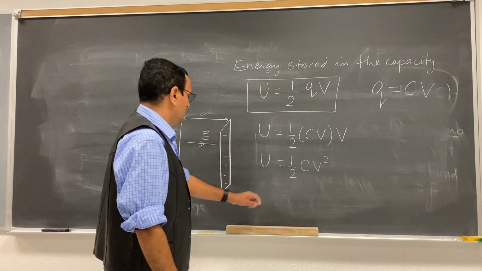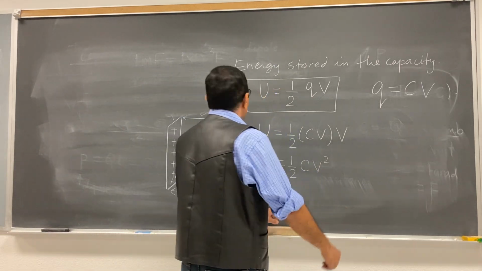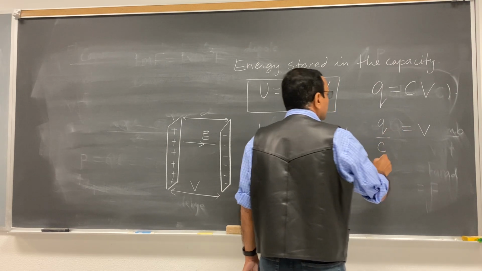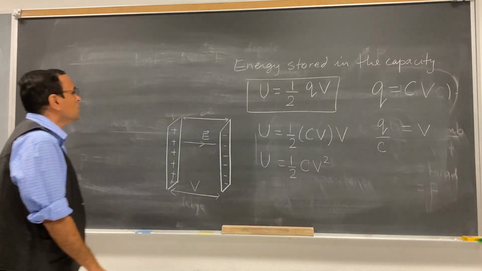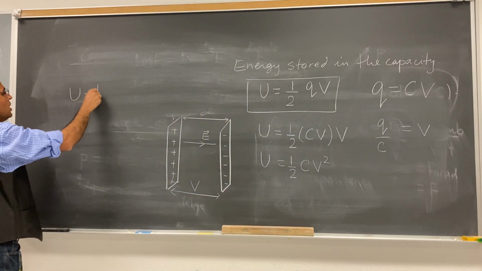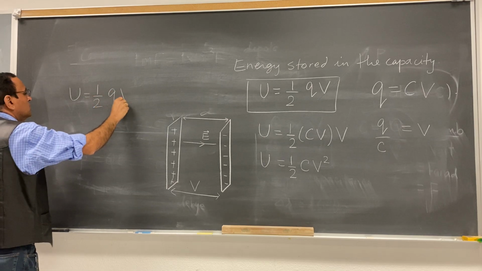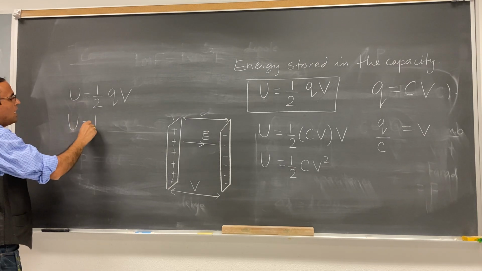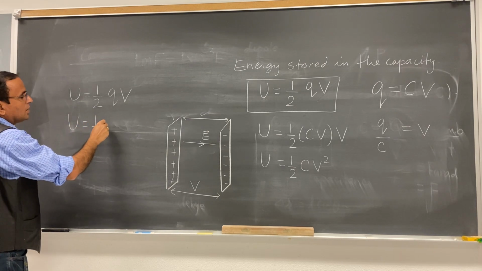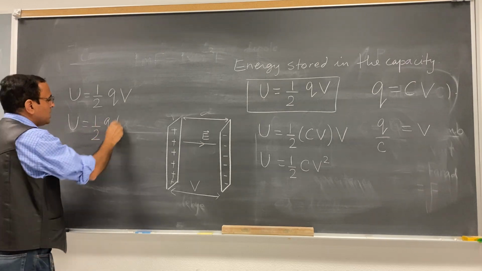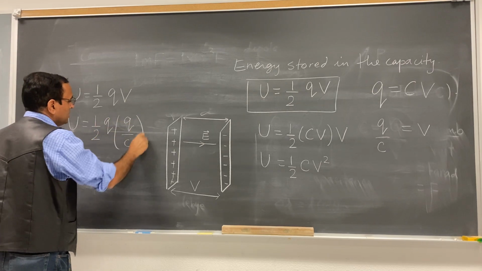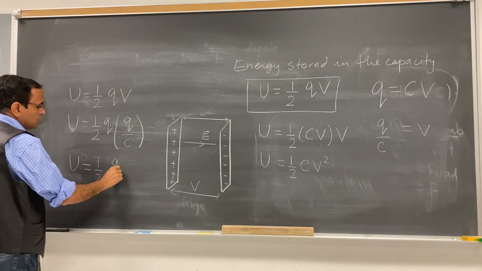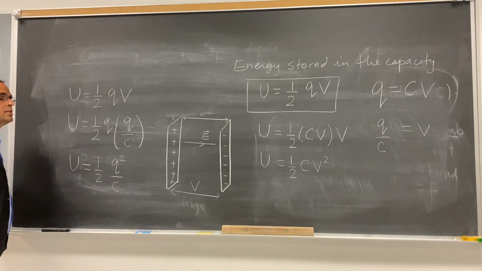Or again, look here. What is V then? V is Q divided by C, from this formula. So if I use this, U equal to 1/2 Q times V, and V is Q divided by C, then the potential energy is 1/2 Q square divided by C. This is also the energy stored in the capacitor.